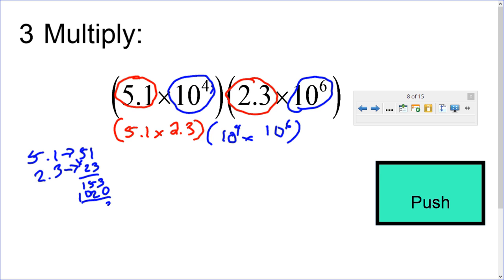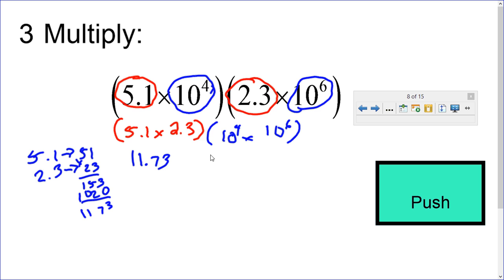Add this up, I get 1173 as my number, but now I got to remember I had two numbers behind the decimal, one up here and one up here, so I have to have two numbers behind my decimal point in my answer. So far I got 11.73 when I multiplied the coefficients.